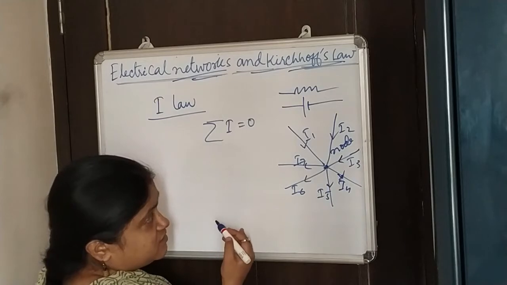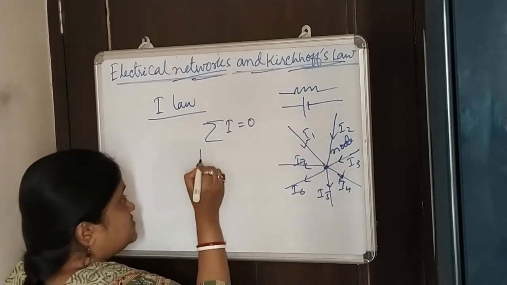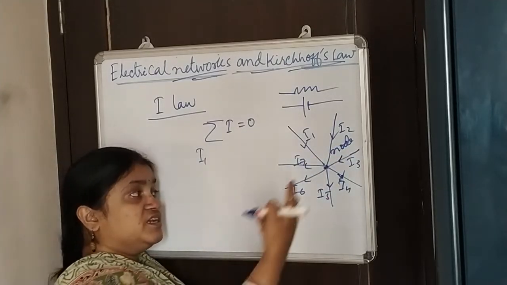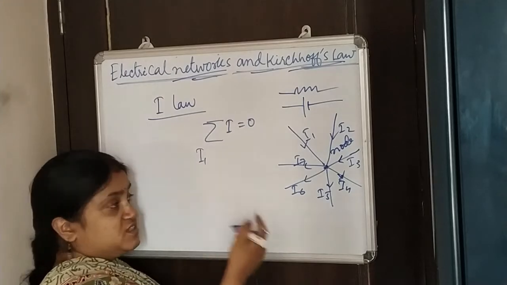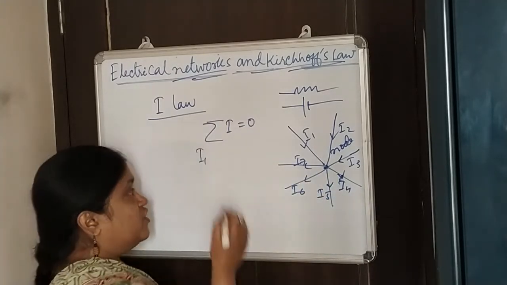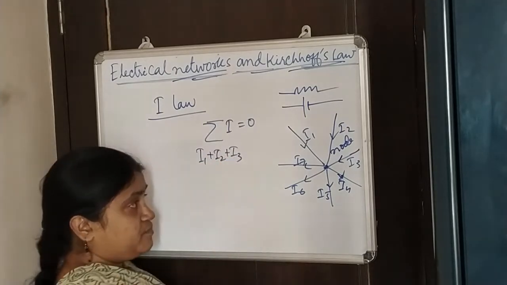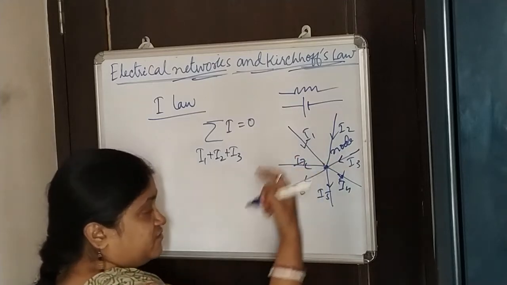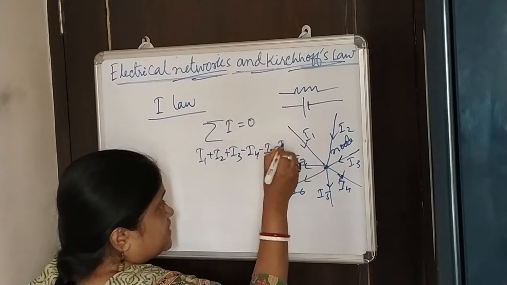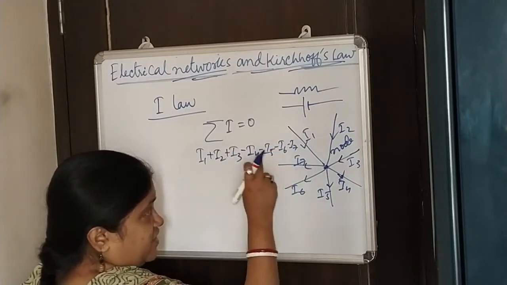So let's see what we can understand from here. In this picture, as we already know, I1, I2, I3 are the currents entering the node. Now I take all the current entering the node as positive, and all the current leaving the node as negative. So I1 plus I2 plus I3 are the positive currents, and I4, I5, I6, I7 are the ones I have taken as negative.